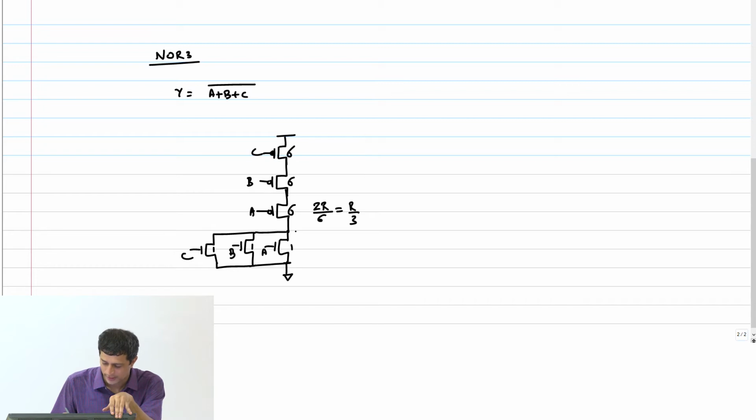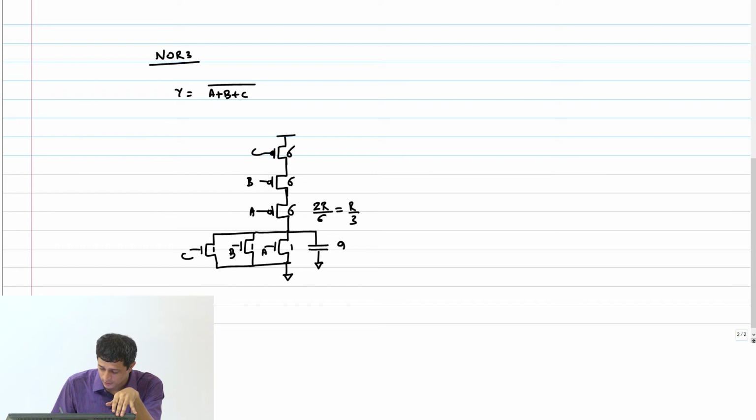So what are the capacitances now at various nodes? What is this capacitance? From the NMOS, how much is the capacitance? 3C, right? From the PMOS, how much capacitance will you get? 6C.